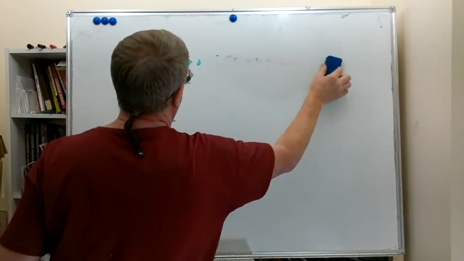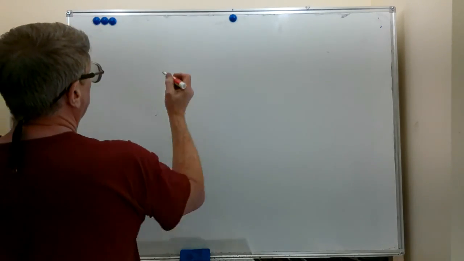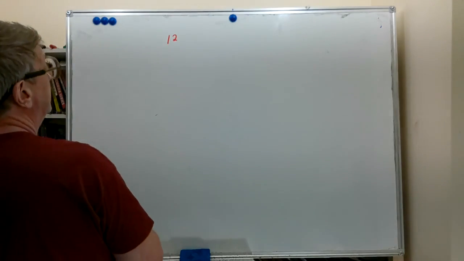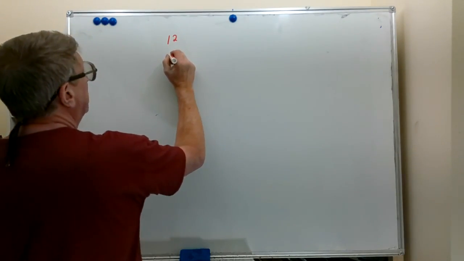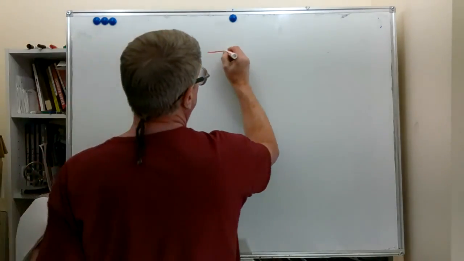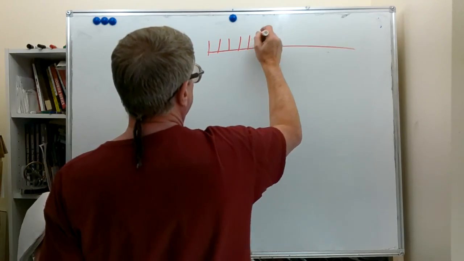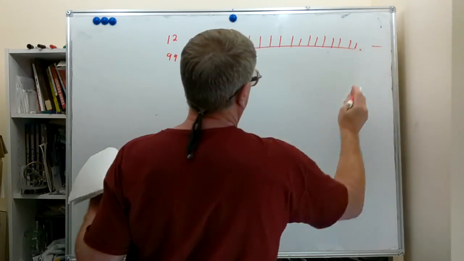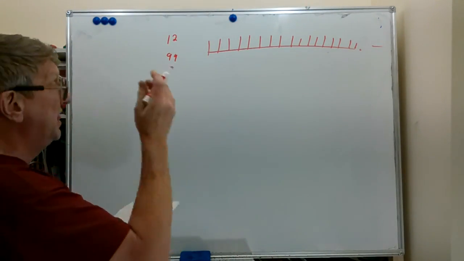Let's try this. Suppose we got 12. Well, that's two significant digits. What's the biggest number we can get with two significant digits? 99. So if we have two significant digits, whatever we're measuring, we could divide it into 99 possibilities.